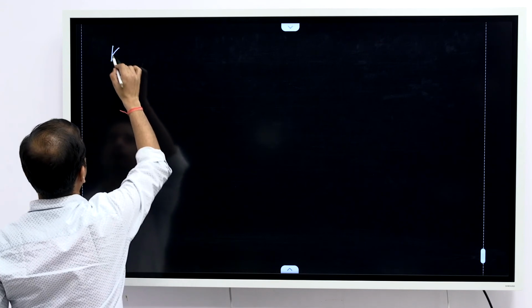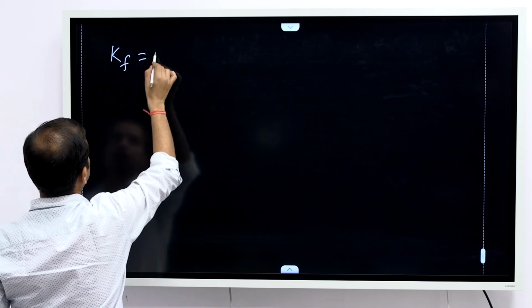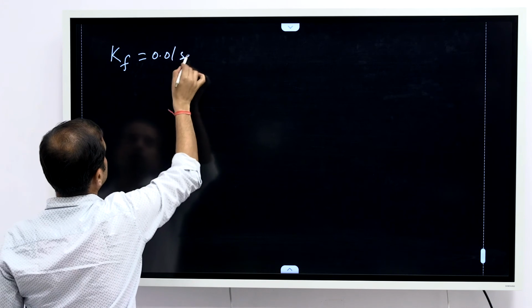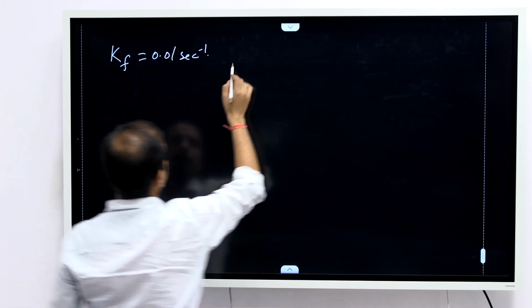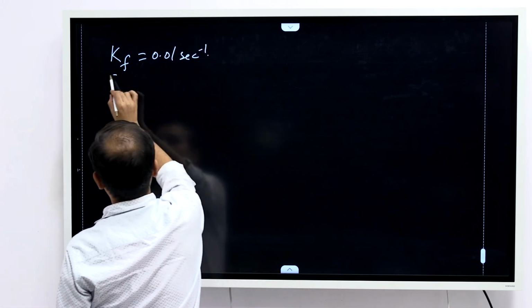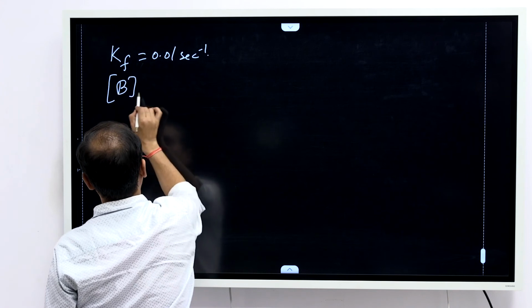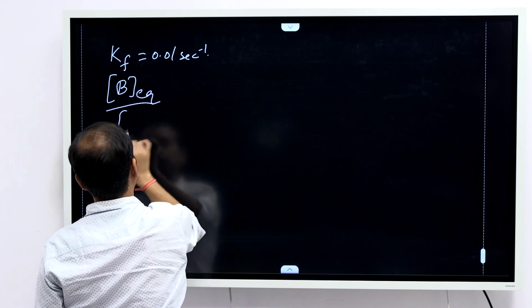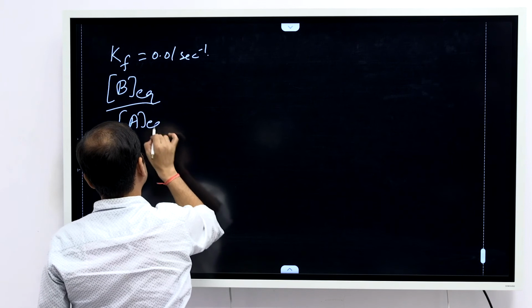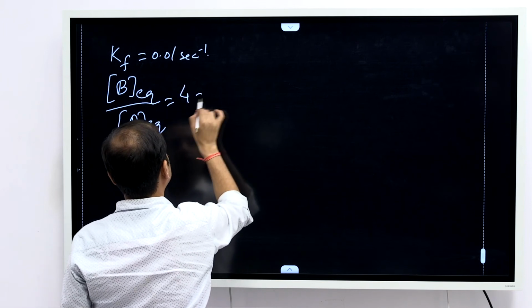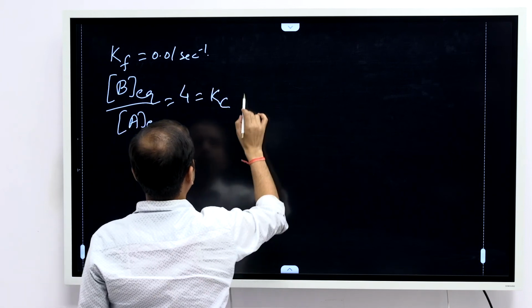So kf is equal to 0.01 second inverse. B equilibrium upon A equilibrium is equal to 4, which is nothing but Kc.